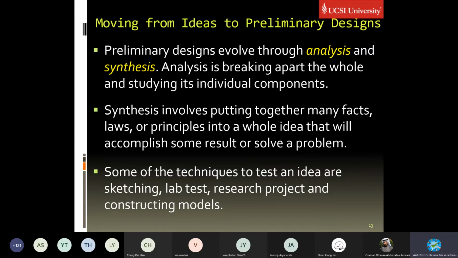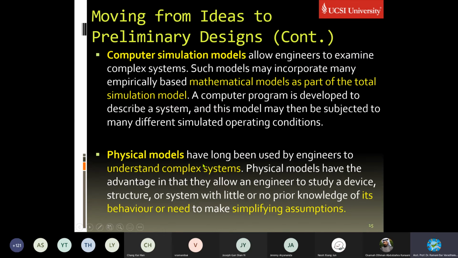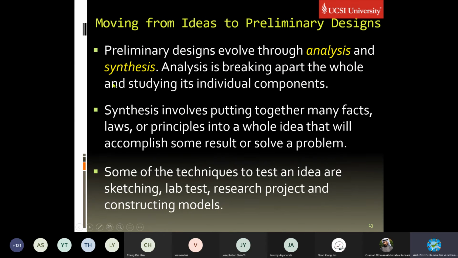Either way, section wise or part by part, you analyze it. In each analysis, you may have to synthesize. In each case you have to have some principles, some formulas, some assumptions, some equations to be solved, right? The synthesis must be appropriately chosen, otherwise you will not end up with the solution.